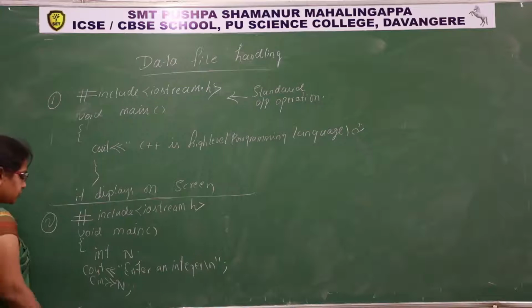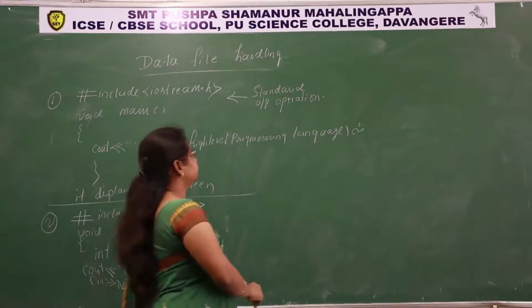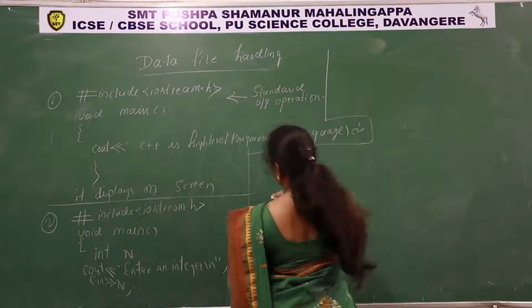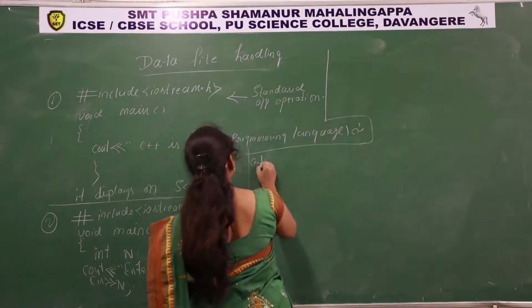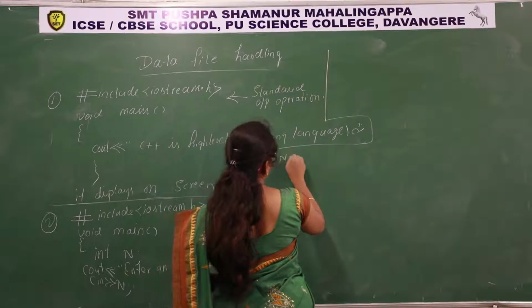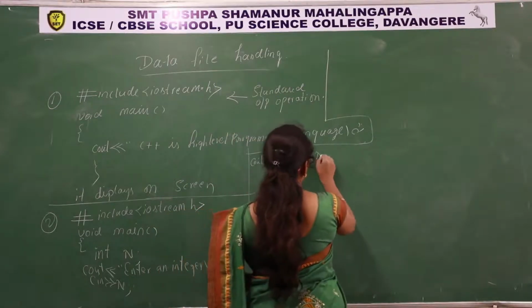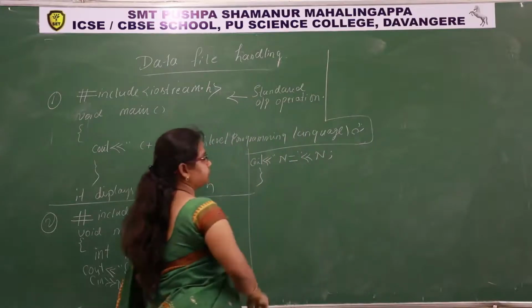And I want to display it on the screen, so I'll write cout "n is equal to", n, close.